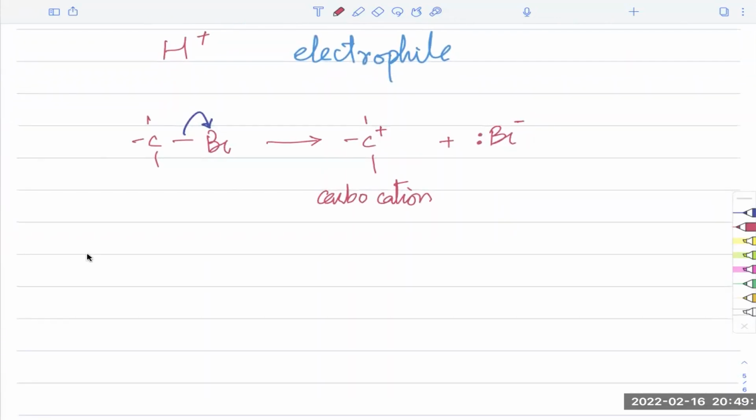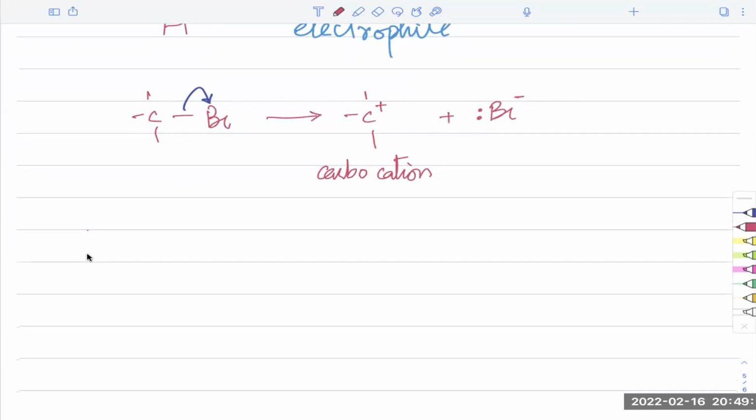Now, here's the thing. These carbocations come in 3 different categories. Again, it's not that only carbocations come in 3 different categories. Every organic compound can be considered in that way. Basically, if one carbon is attached to no other carbon, or at most one carbon, you'll write it as R. And let's say the others are hydrogen, or even if this is also hydrogen, we call it a primary carbocation or a primary carbon.